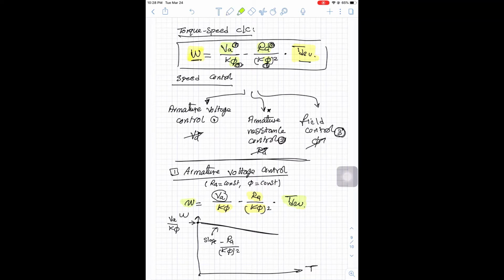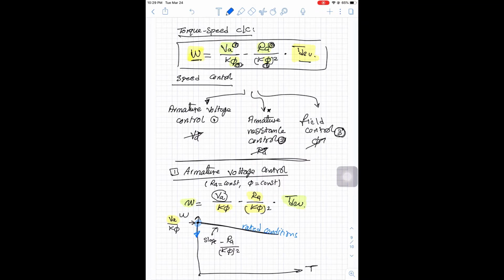This means if you are changing VA, this part will change, but all the others will be the same, which means that by changing VA, the flexibility you have is just that you can move the no load speed. Can you move this no load speed up or down? You can move it only down, because we assume that we start at rated conditions. So if we are at rated conditions, we can just decrease our VA.